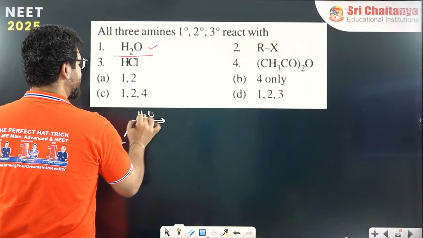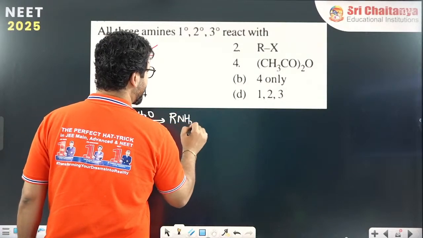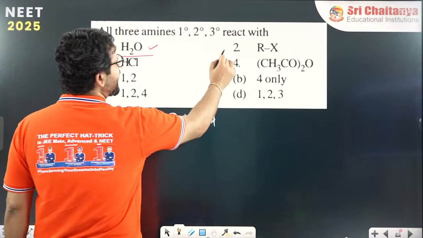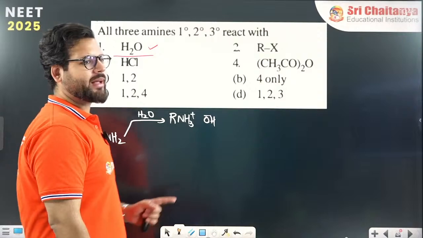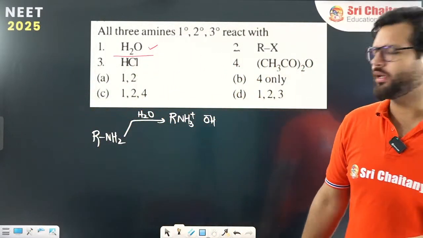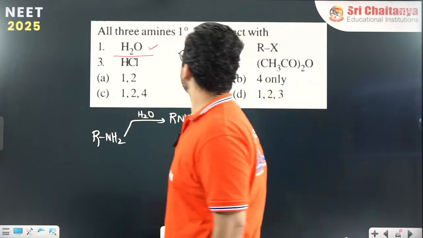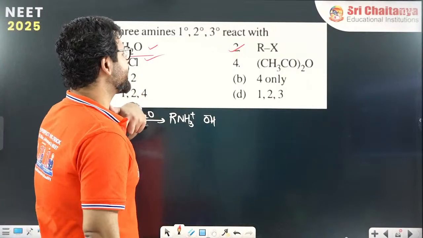It's a base, so it will take a H plus from water, making RNH3 positive, OH negative. Do they react with alkyl halide? Yes, primary, secondary, tertiary, all will react with alkyl halide. Primary reacts with alkyl halide to give secondary amine, secondary to give tertiary amine, tertiary to give quaternary ammonium salt. Do they react with HCl? Yes, all of them are bases, so obviously they'll react with acid.